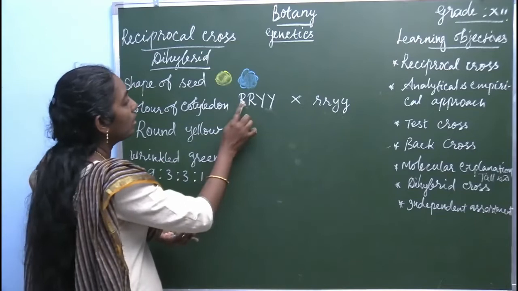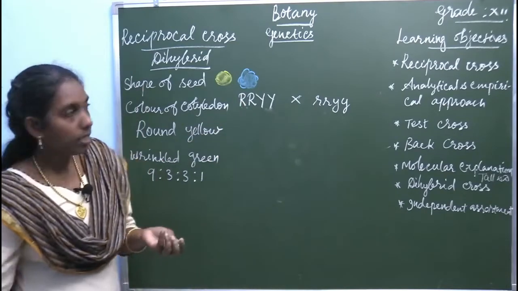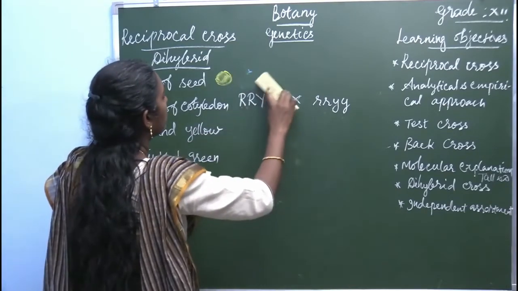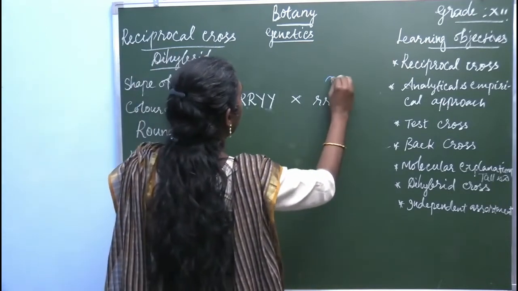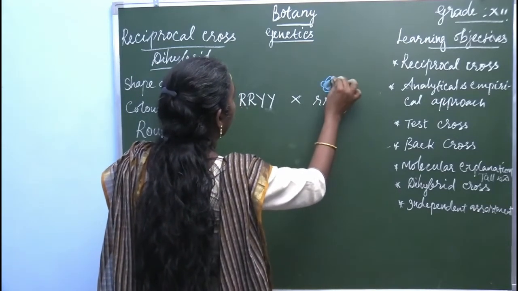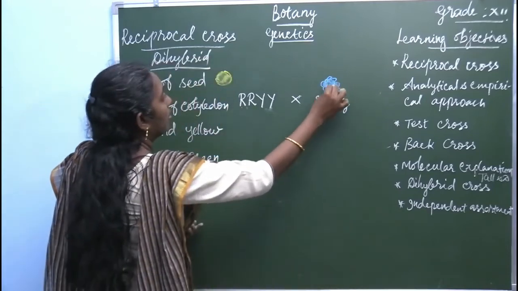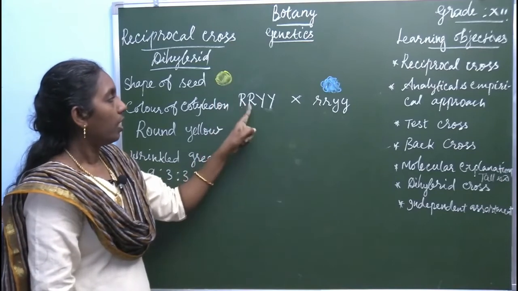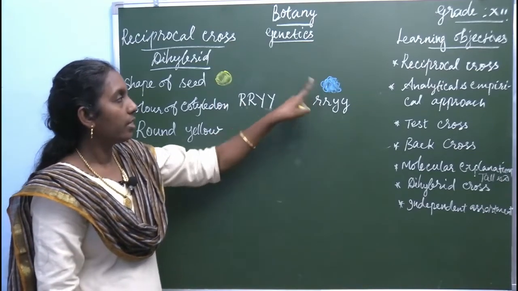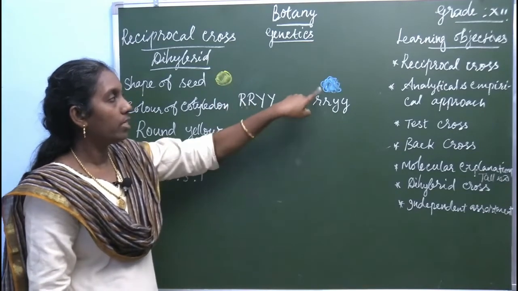So this is the round yellow seed. You draw a diagram like this, and it shows wrinkled green. Round yellow is dominant over wrinkled green.